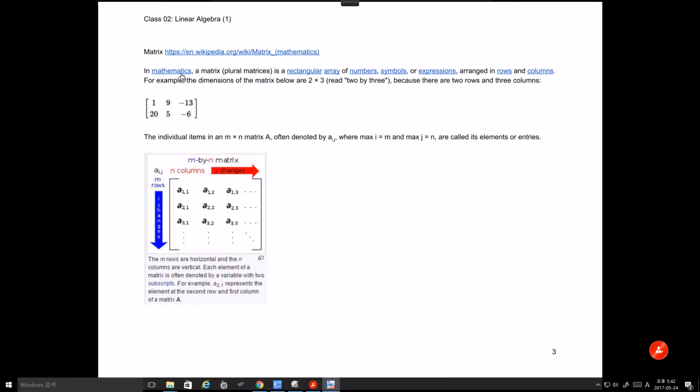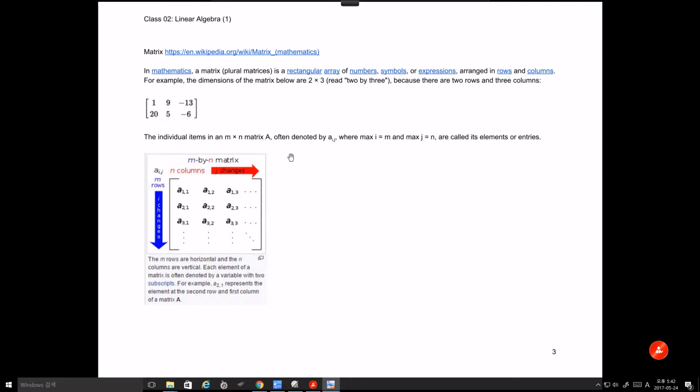Let me explain matrix. In mathematics, a matrix, or plural matrices, is a rectangular array of numbers, symbols, or expressions arranged in rows and columns. Rows go this way, and columns this way. This matrix, for example, is a 2 by 3 matrix because it has 2 rows and 3 columns.